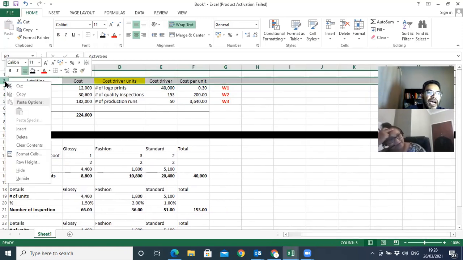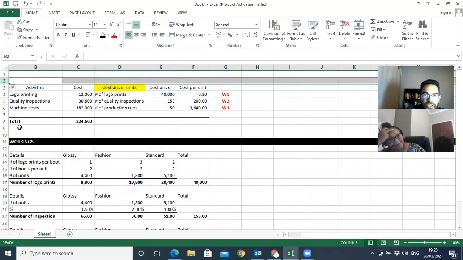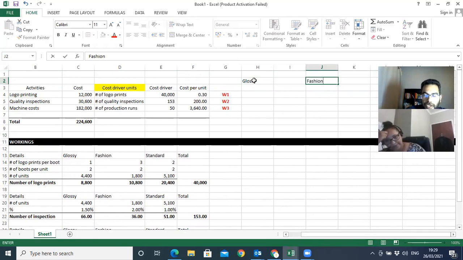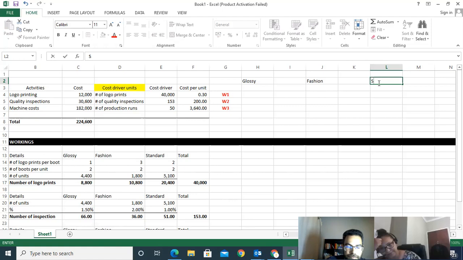Now we're going to allocate to the actual product. So we're going to have glossy, fashion, and then standard. Okay, so how this will be: units, costs.